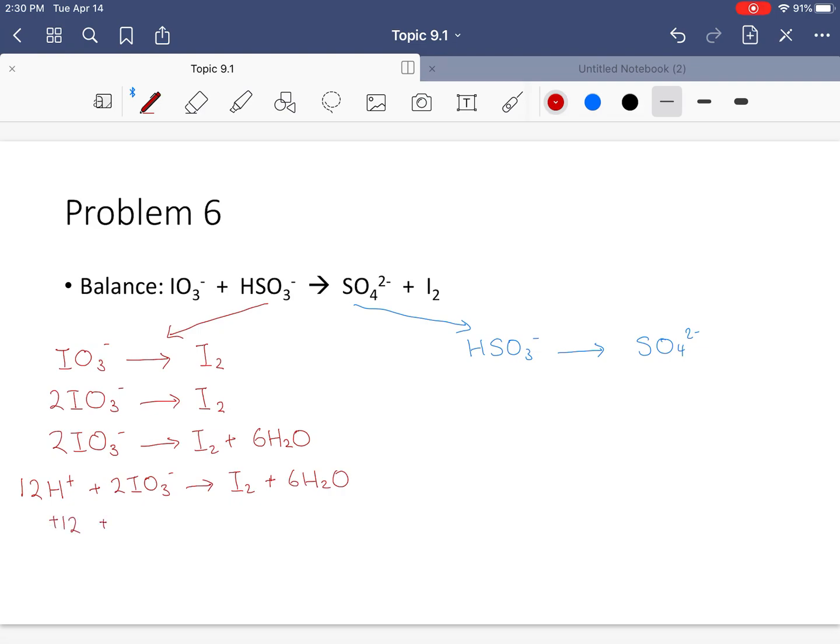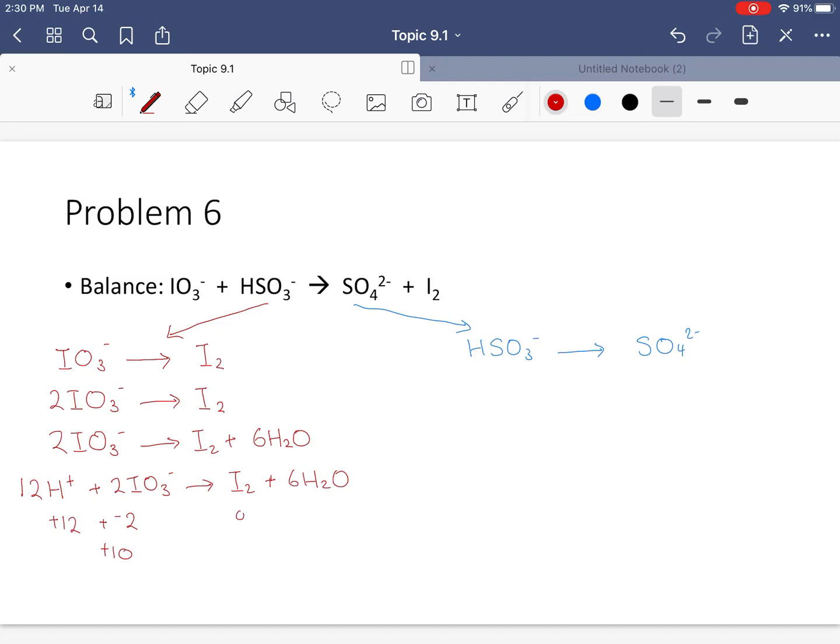There's 12 pluses here, and of course, there are 2 minuses here. In case you don't know, there's 12 of these plus, and there's 2 of these minus. So 12 plus negative 2, that's positive 10.